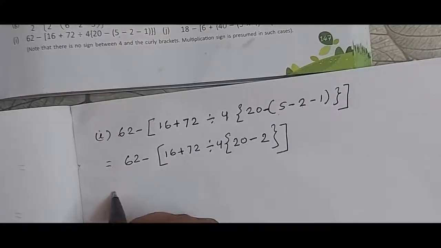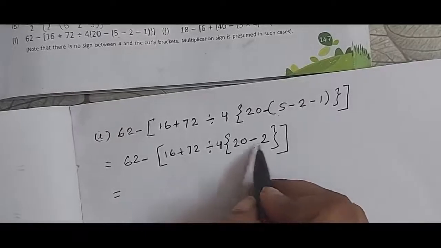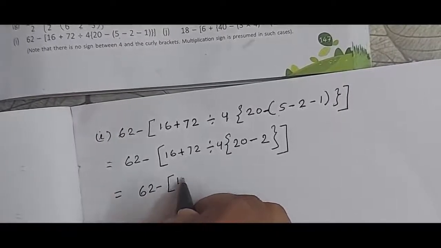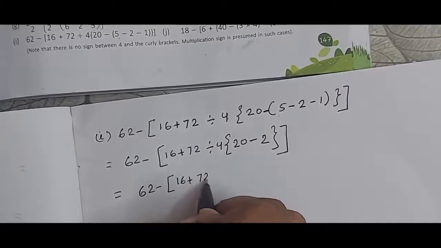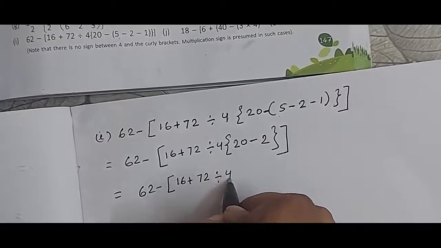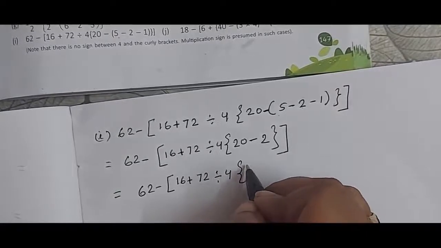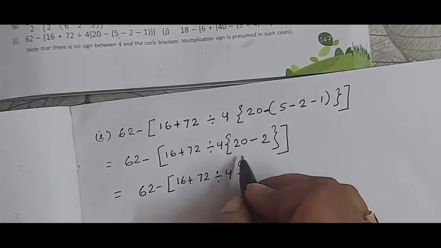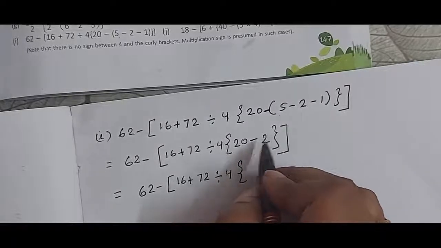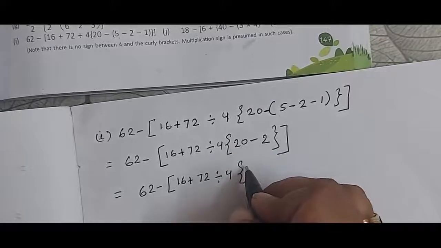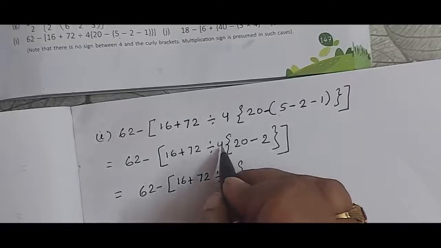Now we will solve the next inner bracket, that is your curly bracket. 62 minus 16 plus 72 divided by 4. Inside bracket part can be removed only by multiplication.